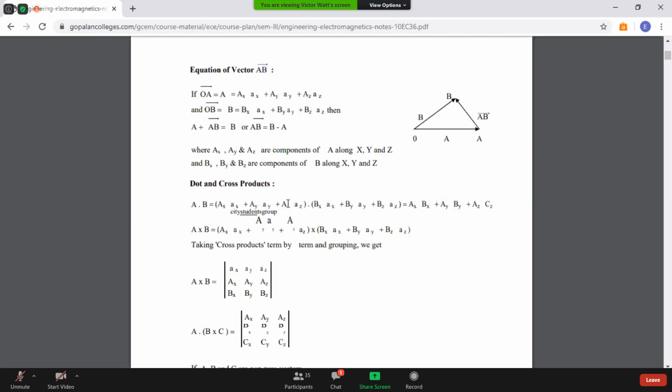So A dot B is called the scalar product of vectors. The cross product of two vectors A and B, written as A cross B, is a vector quantity whose magnitude is the area of the parallelogram formed by the two vectors.